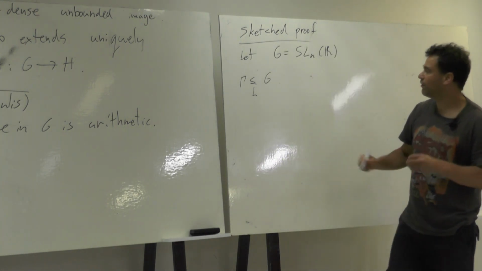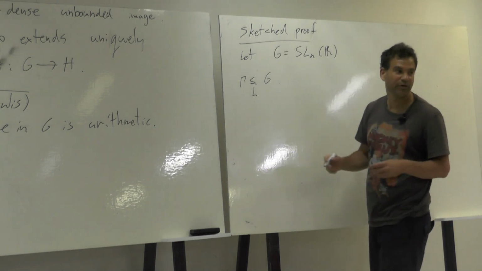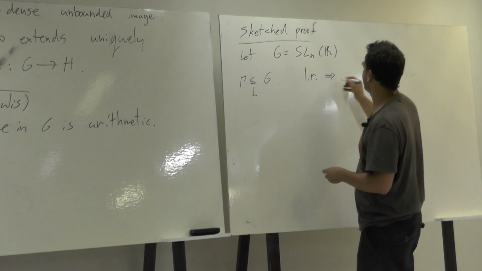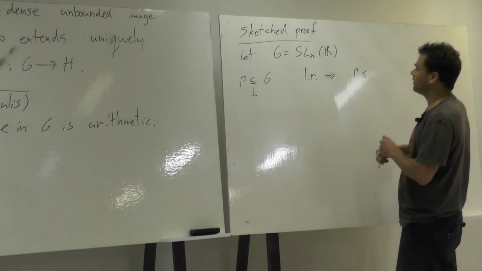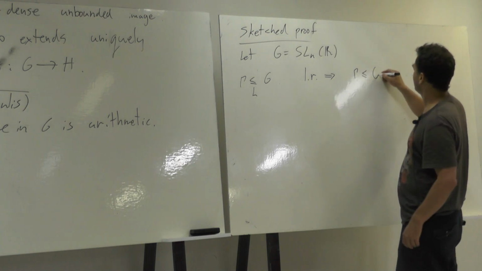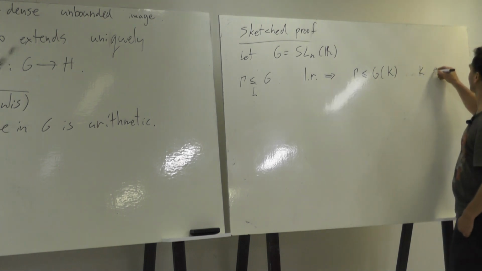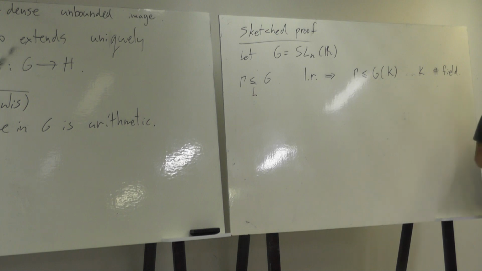We already know, by local rigidity, that up to conjugation gamma is contained in G of K, where K is a number field. We saw it.